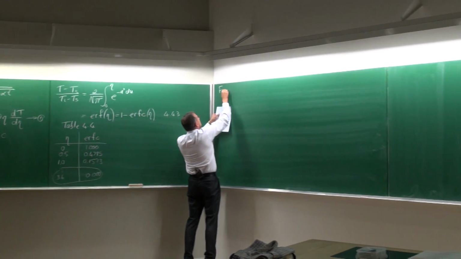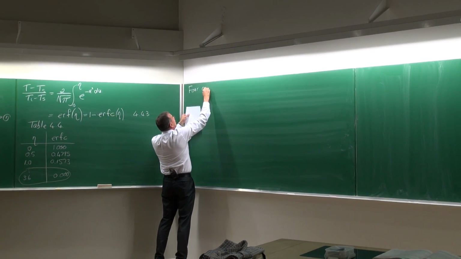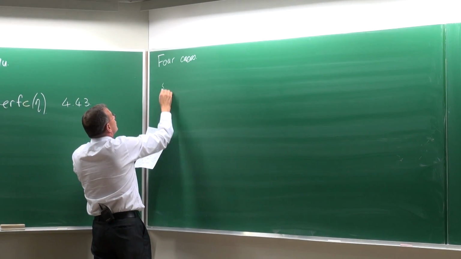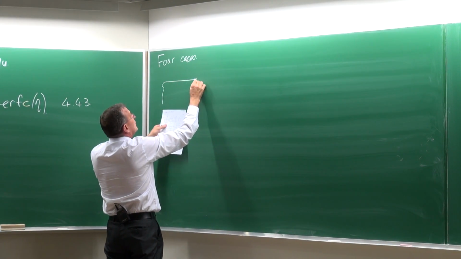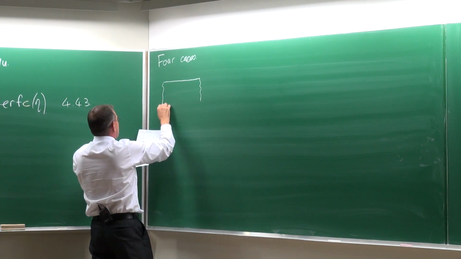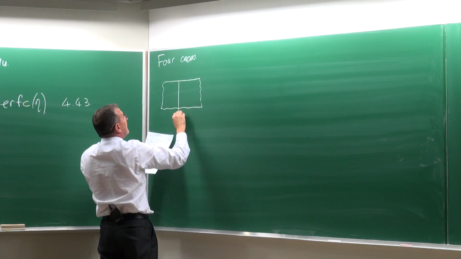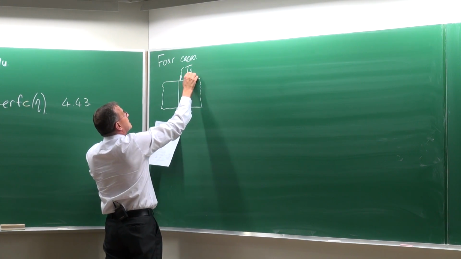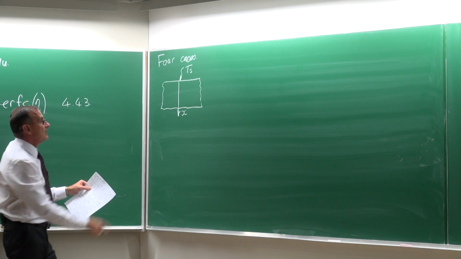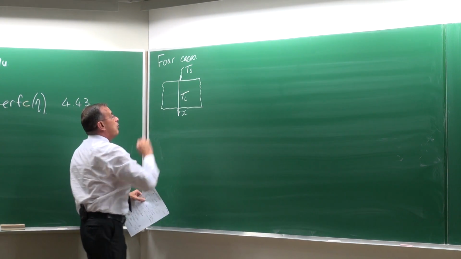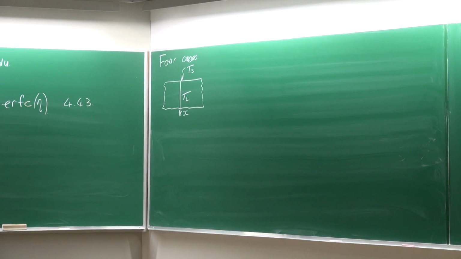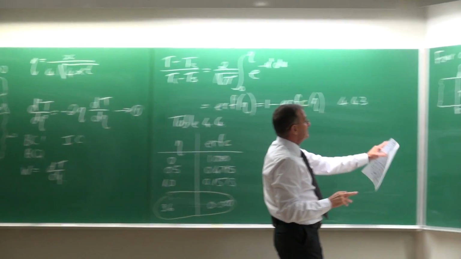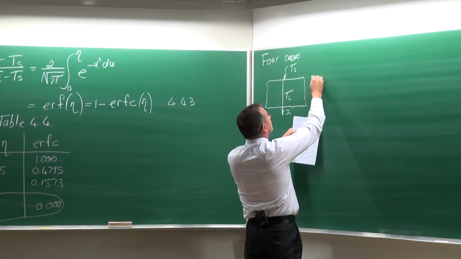But the 4 cases which are given in your textbook, if I can show them schematically, is firstly, if that is the semi-infinite solid, and that is equal to X, then that temperature is equal to Ts, while this body, this semi-infinite solid that I'm showing here, is equal to Ti. So that is the case 1 type of solution.